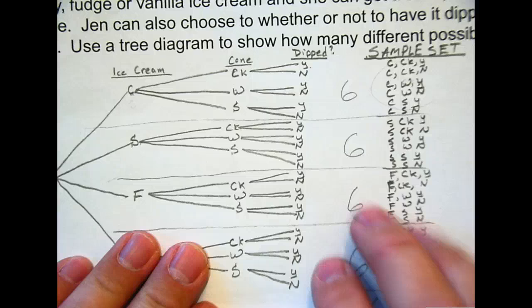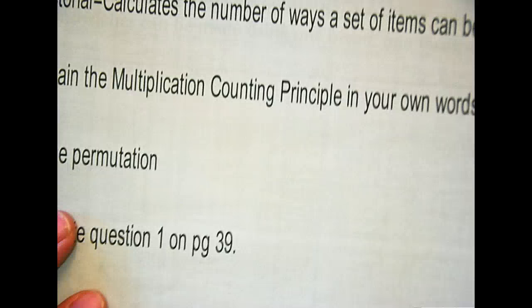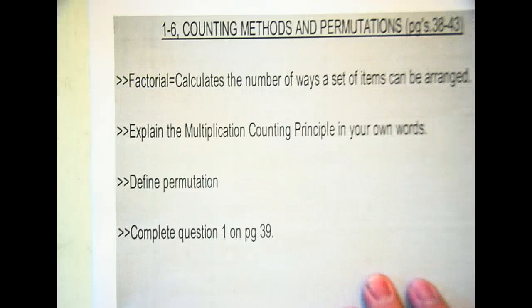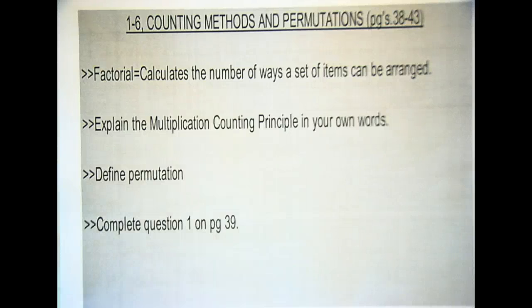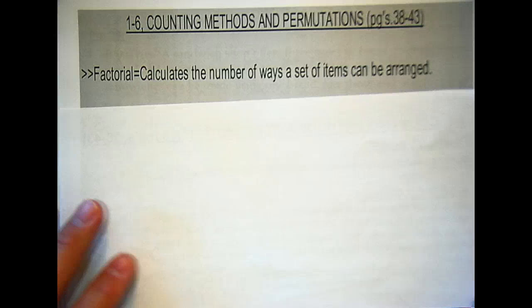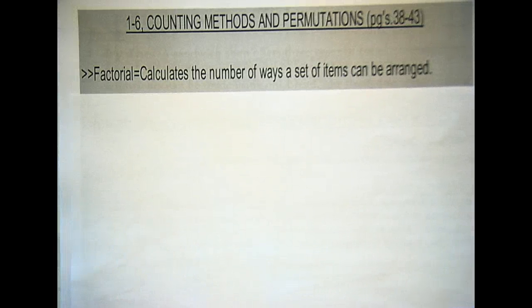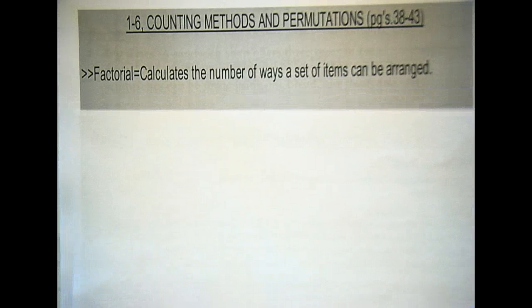Now you have your example. Let's take a look at this. We're going to define factorial, which you're going to need. Factorial calculates the number of ways a set of items can be arranged.